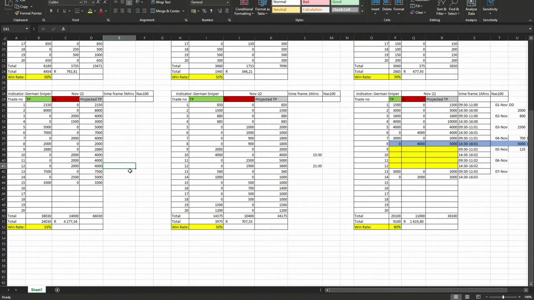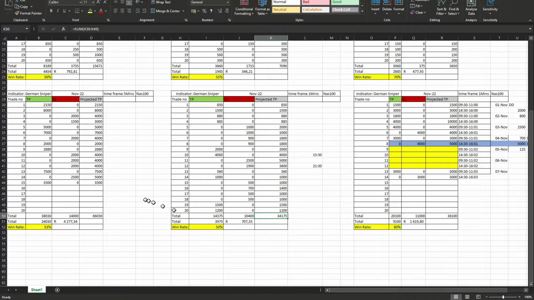So on the 5-minute time frame, you have a 53% win rate, and on the 1 minute time frame, you have a 50% win rate. But what you can see over here is that the total projected take profit of the 5-minute time frame is much higher than the projected take profit of the 1 minute time frame.